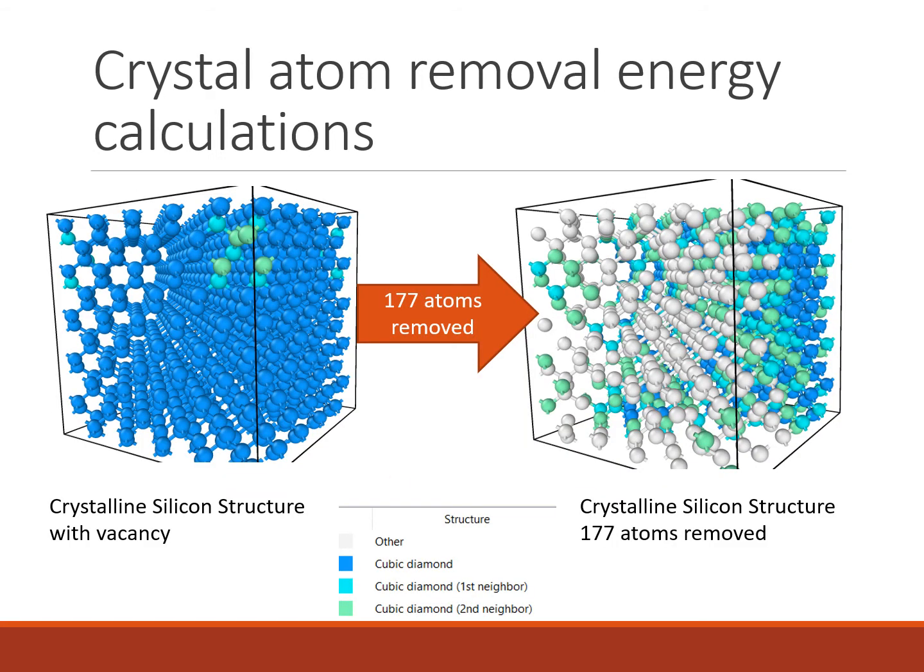So to better understand what is happening, we decided to run the algorithm on crystalline silicon. We start off with a very normal crystalline silicon structure with a single vacancy. But as we remove more and more of the atoms, we see that there emerges a region with negative vacancy formation energy, and this region of amorphous silicon grows as more and more atoms are removed.